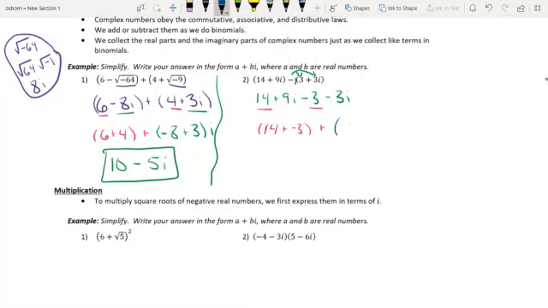That would be the 9i and the -3i. So 14 plus a -3, in other words, 14 minus 3 gives me 11, plus 9 minus 3, so 6i. That leaves me with 11 plus 6i.